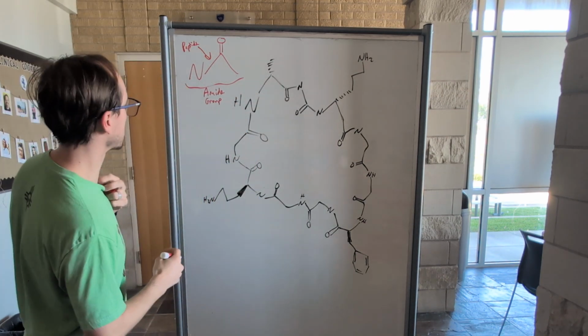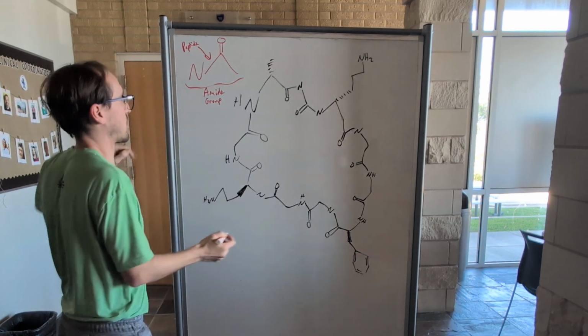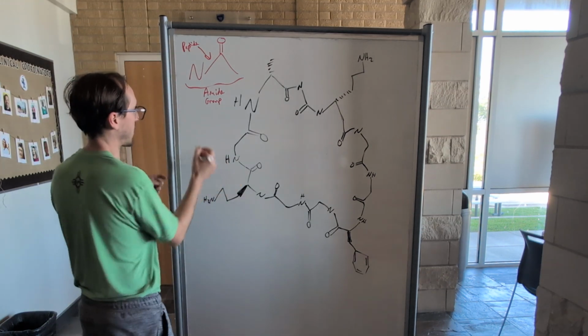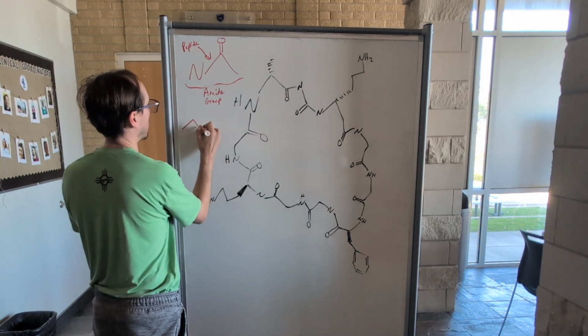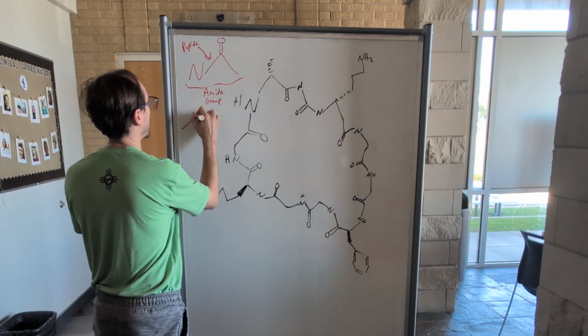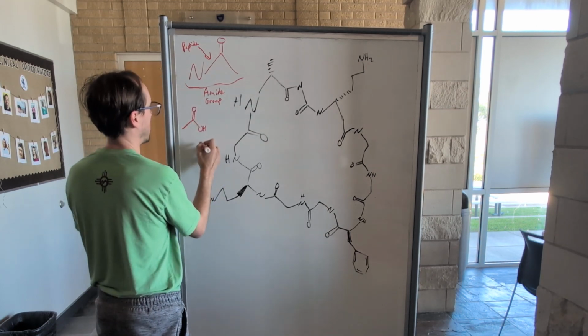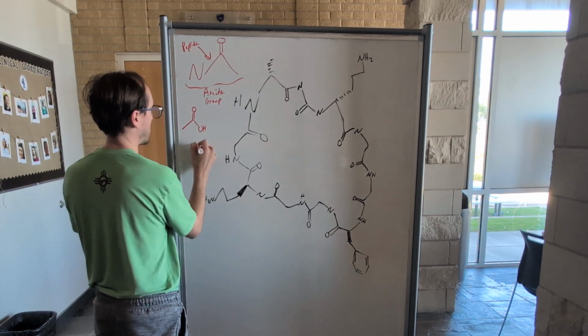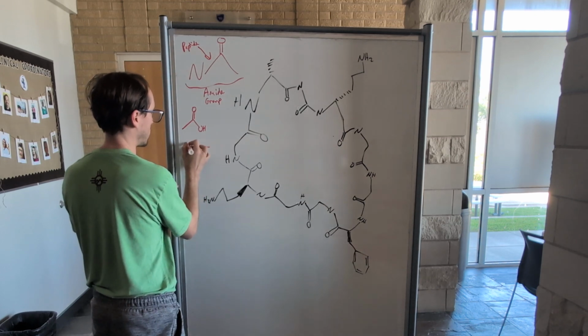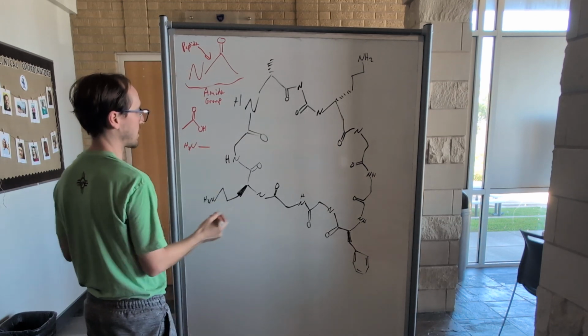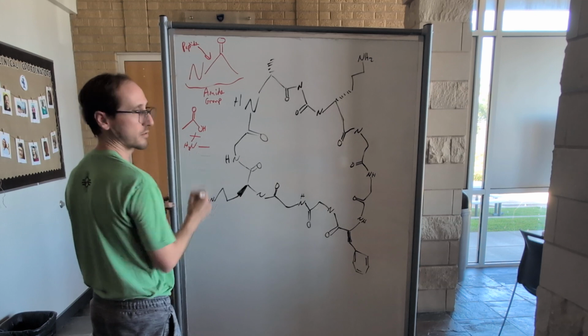So this is called a peptide bond because you have a carboxylic acid and an amine group right here, usually NH2, that are getting combined.